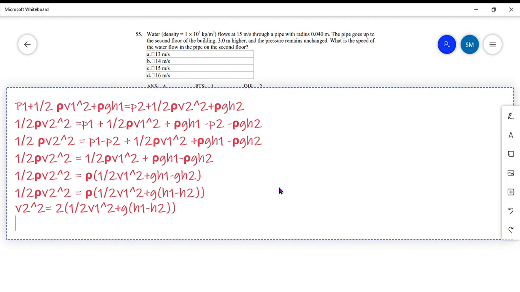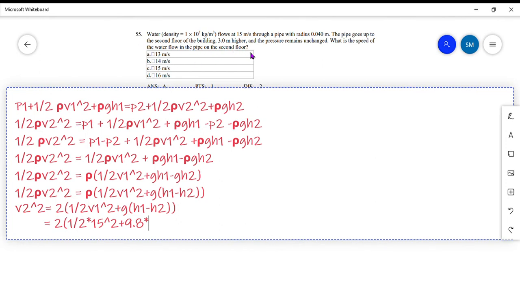Okay, here we have the rule for v2, so we will substitute in this rule. 2 times 1 half times v1, he gave us in the question, and the given v1 is 15, so it's 15 power 2 plus 9.8 times, the pipe goes up the second floor of the building 3 meter high.